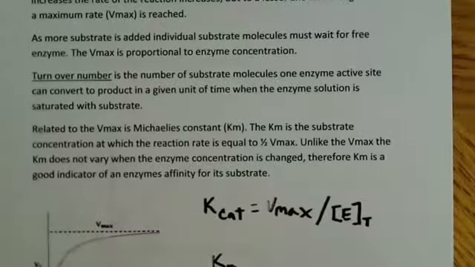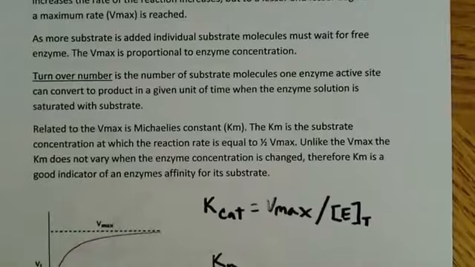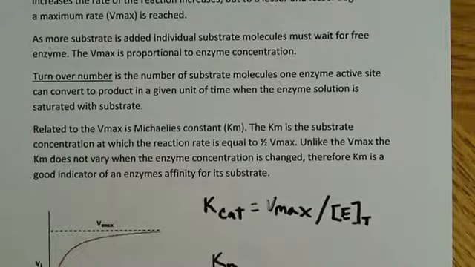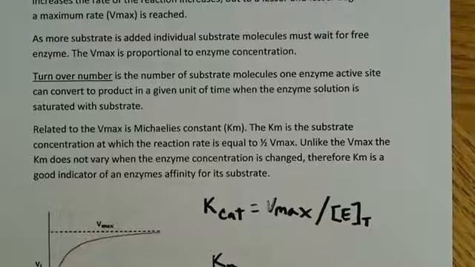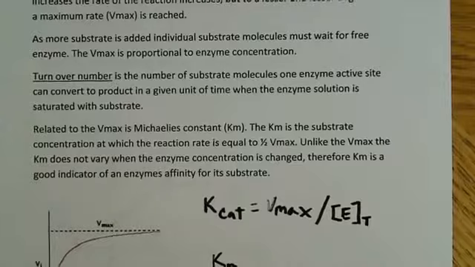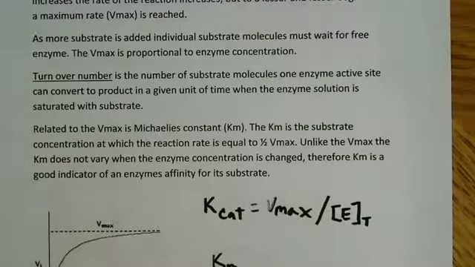We talked about affinity for oxygen when we were talking about hemoglobin and myoglobin, and that's why I said they are good ways to start thinking about enzymes, because they exhibit a lot of the same properties. Not all the same properties, but a lot of them. What we're talking about here with the Km is enzyme affinity. How tightly does it bind?